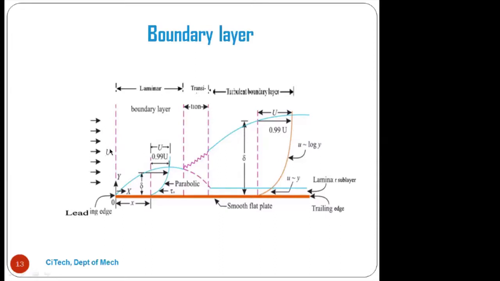The point where the velocity approaches 0.99 of the initial velocity, its distance from the surface of the plate to this point is called the boundary layer thickness.